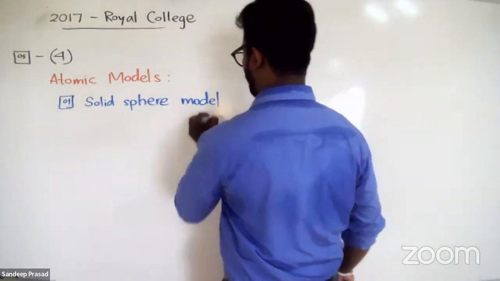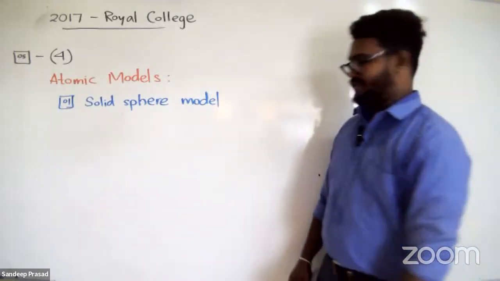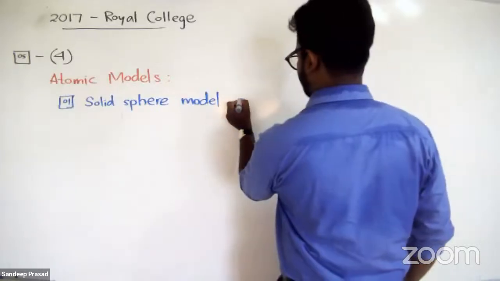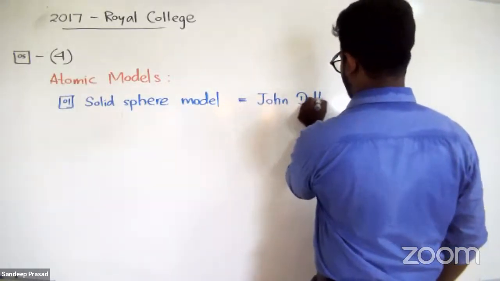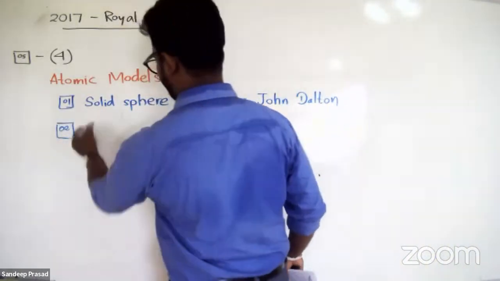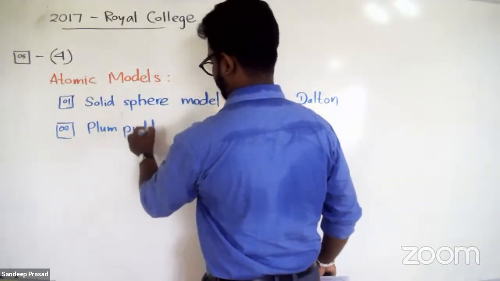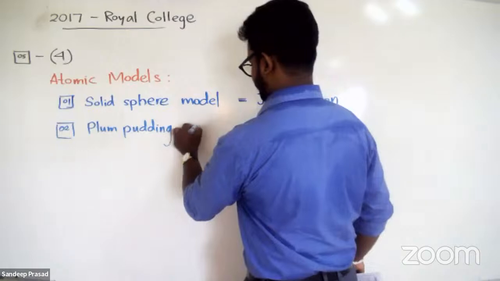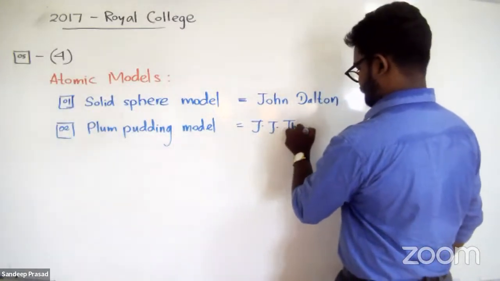John Dalton said that atoms look like a solid sphere, so that is known as the solid sphere model introduced by John Dalton. And what is the second atomic model? The second atomic model was the plum pudding model, introduced by J.J. Thomson.